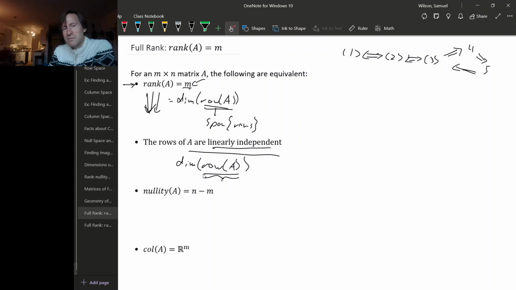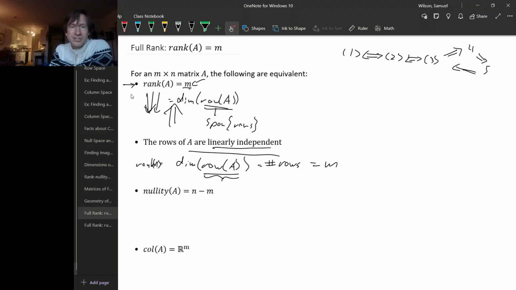And that means the dimension of the row space is the number of basis vectors, which is just the rows, because our rows were serving as the basis. But that's m. So we've shown that if your rows are linearly independent, then the dimension of the row space has to be m, and the dimension of the row space is the rank. So that shows the implication going this way.